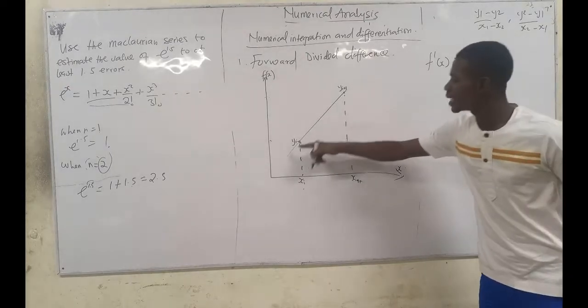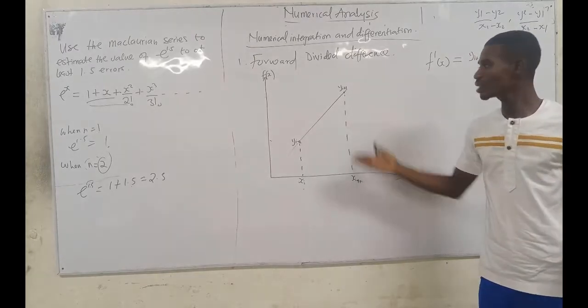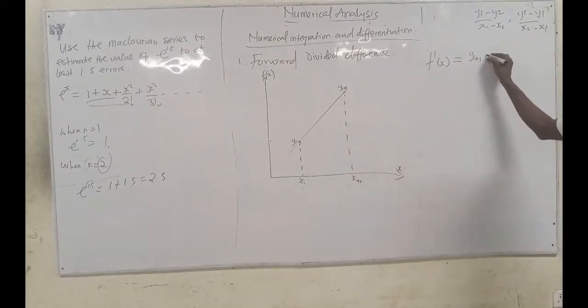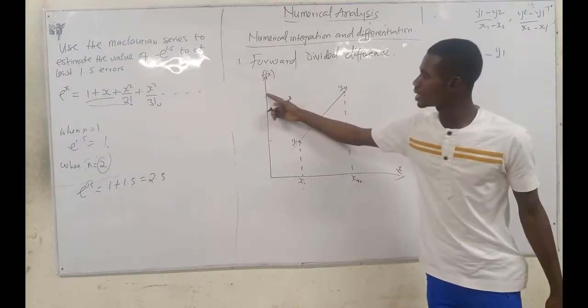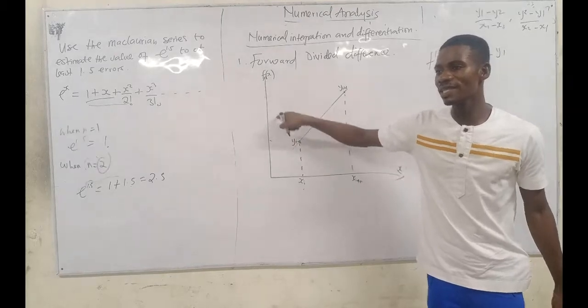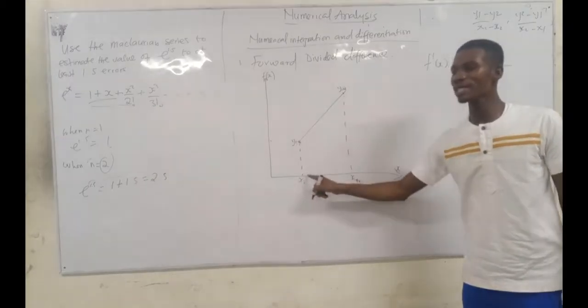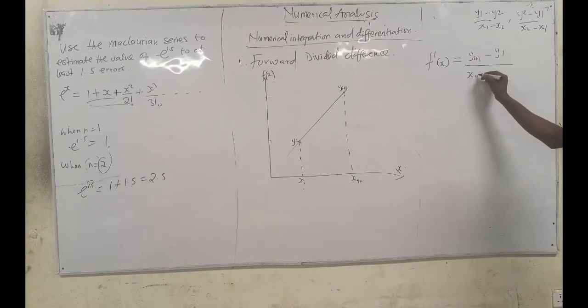I use the i and the i plus 1 just to differentiate between this point and that point. Minus y i. You get a point, you subtract this one from this, and you get the difference, all over x i plus 1 minus x i. So you subtract this one from this, you get the length of that.